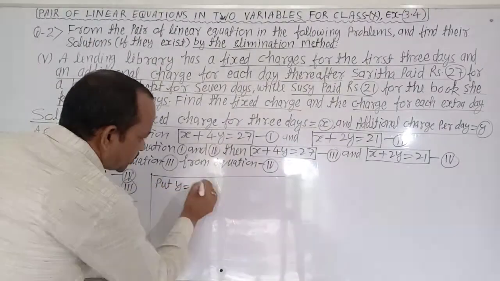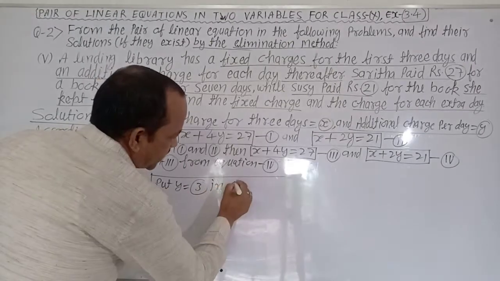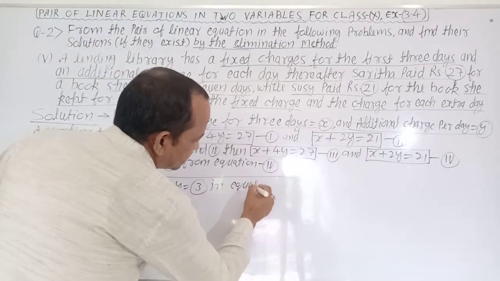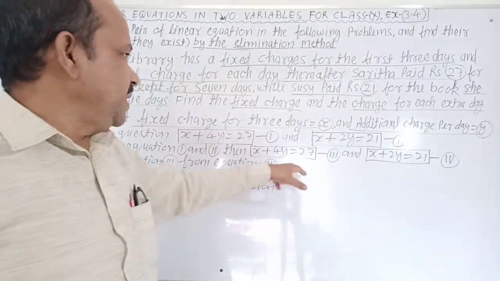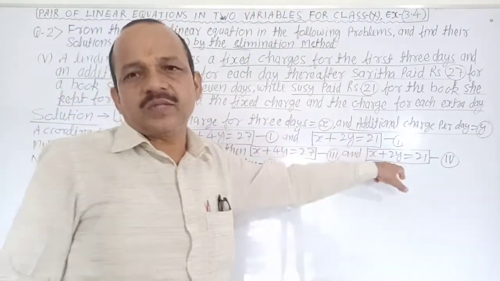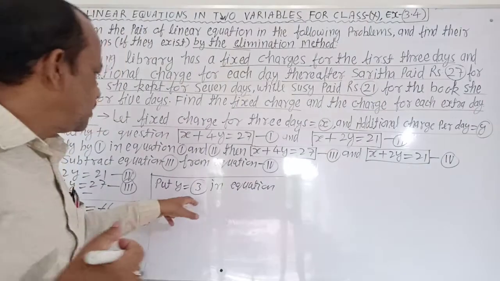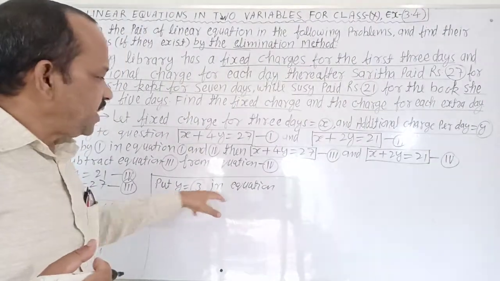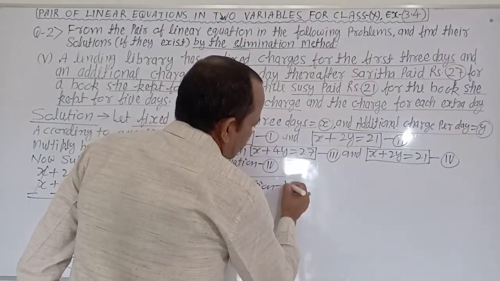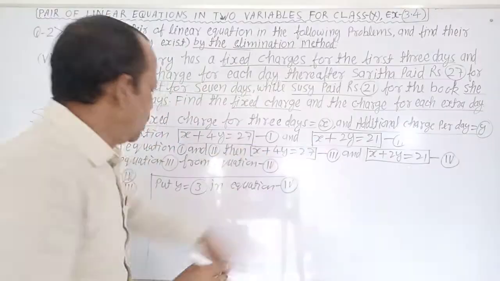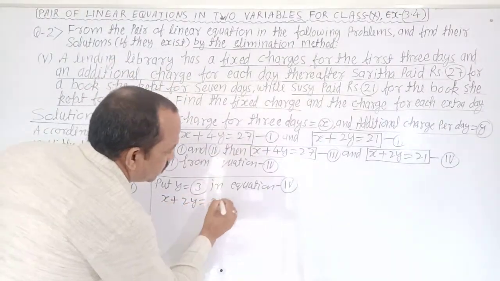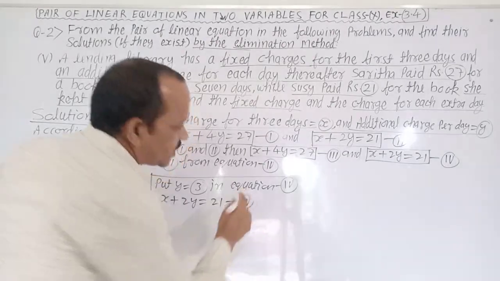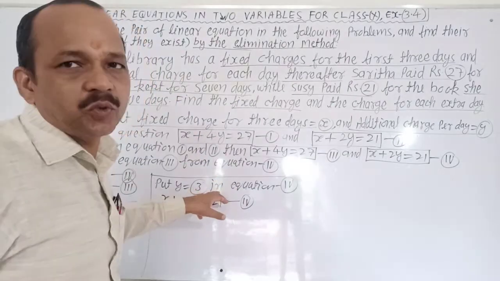Now put y equal to 3 in equation. You can put it in equation third or equation 4. Clear? Put y equal to 3 in equation 4. Equation 4 is x plus 2y equal to 21. Put y equal to 3.